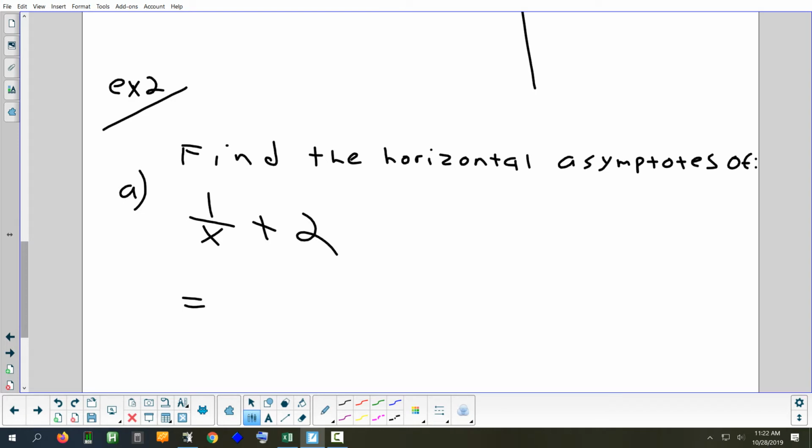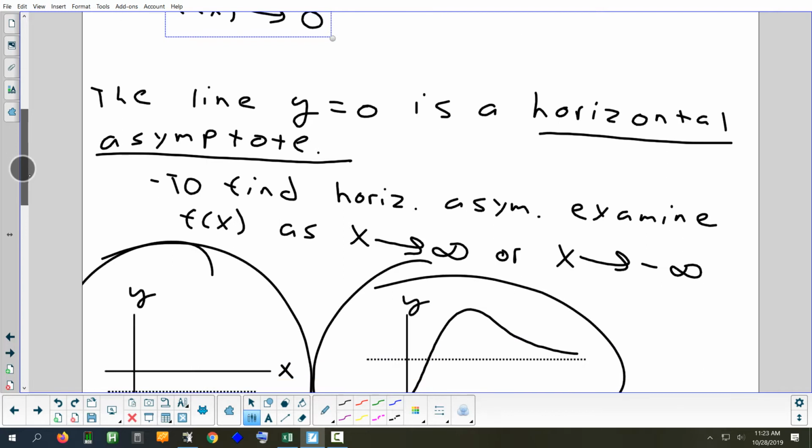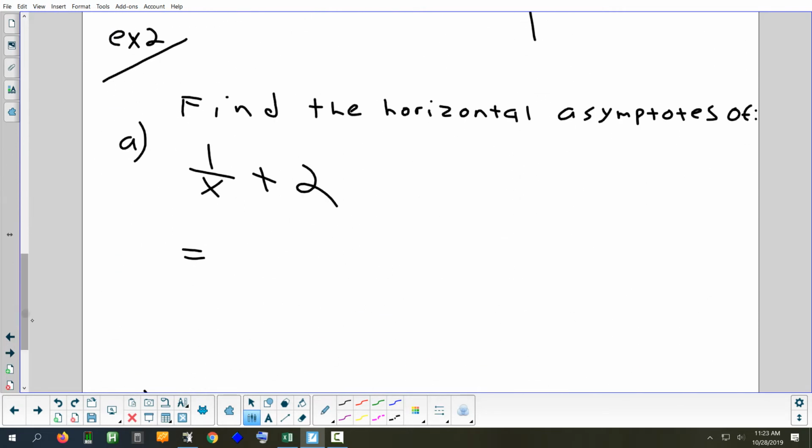X or Y. Y. Right? Could be y equals 0, could be y equals 5, it could be y equals something, but it's got to be y equals. And the reason I'm telling you to do that is because next we're going to look at vertical asymptotes. Verticals are x equals. Okay.